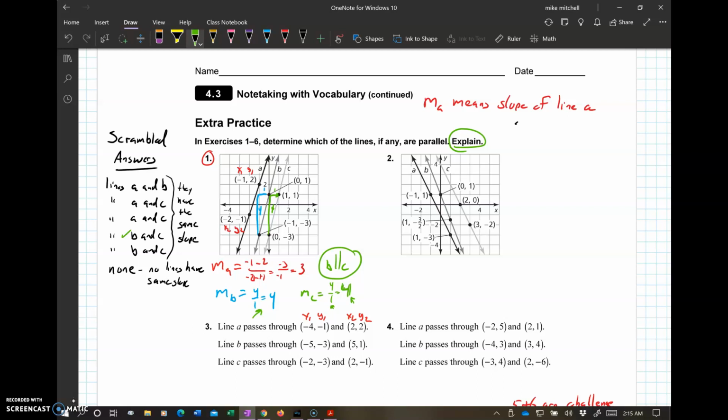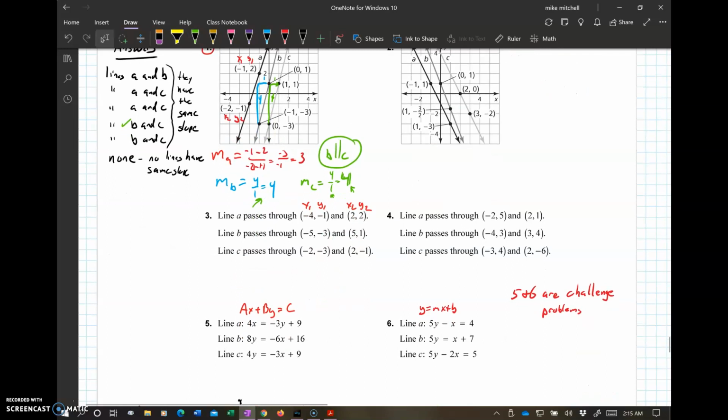Try to write a little neater than I do. Come down here, you can do the same thing. X1s, Y1s, X2s, Y2s. Don't forget, you can always do X2, Y2, X1, Y1. You're going to get the same thing.